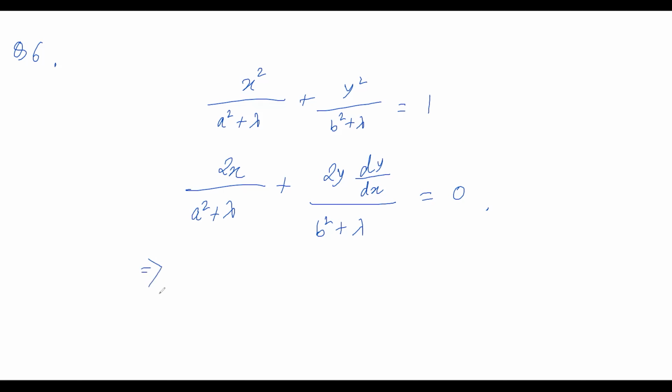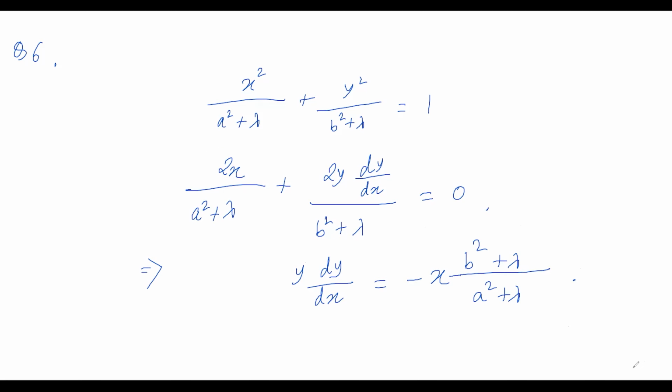And now from here, if you calculate y times dy by dx, take this part on the other side and cross multiply, you will get minus x times b squared plus lambda by a squared plus lambda.